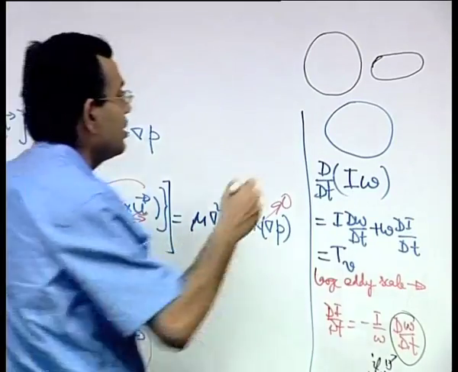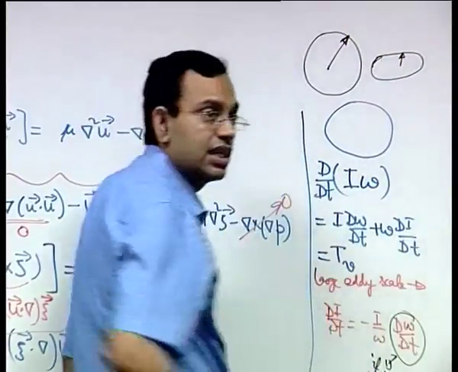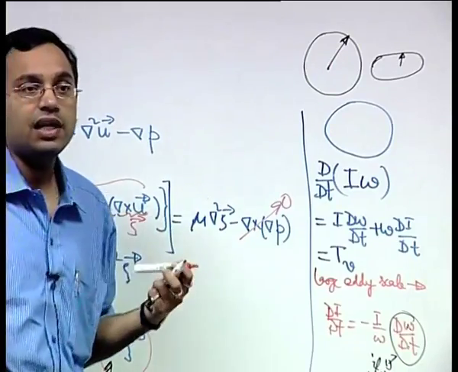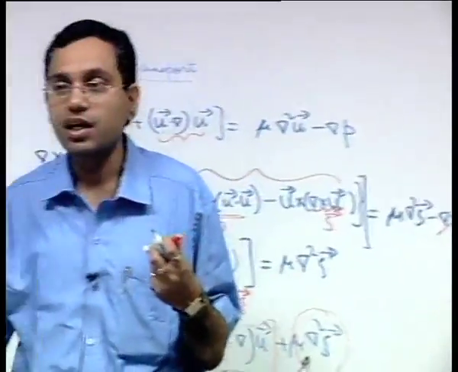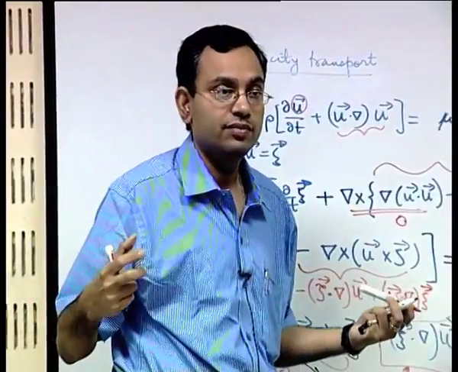So its earlier radius was this scale, now its radius is roughly this scale. So what happens? The vortex element appears to be stretched or elongated, and this vortex stretching is a very interesting thing. Because of this elongation, you have a greater chance of interaction of one vortex with the other.